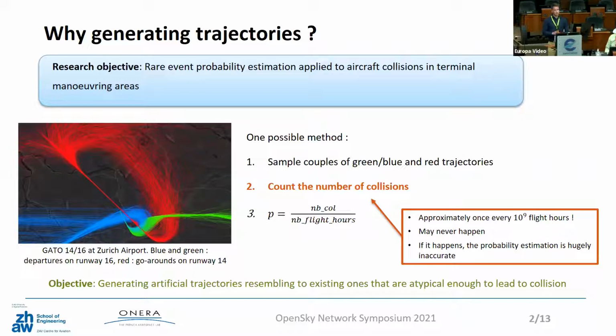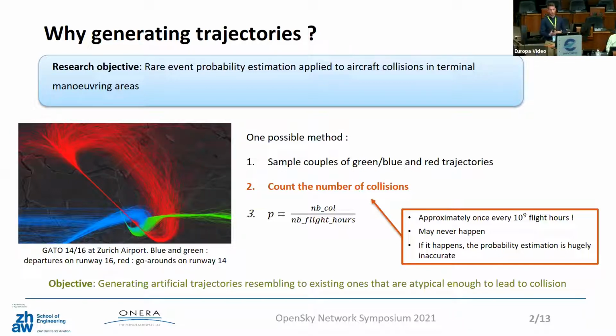But in reality, this is way more complicated because we don't observe any collisions, of course. So we could sample an infinite number of couples of trajectories without observing any collisions. So in the end, the estimation of the probability is hugely inaccurate.